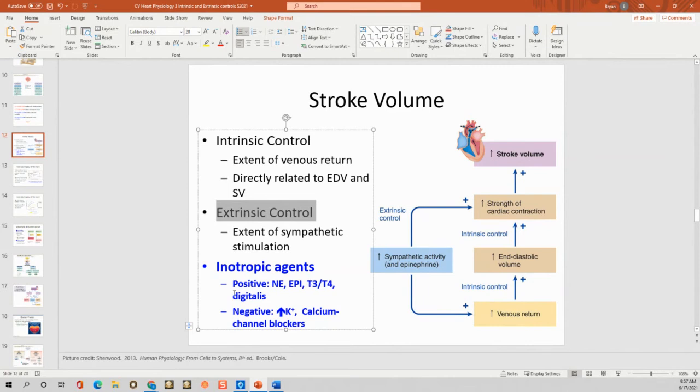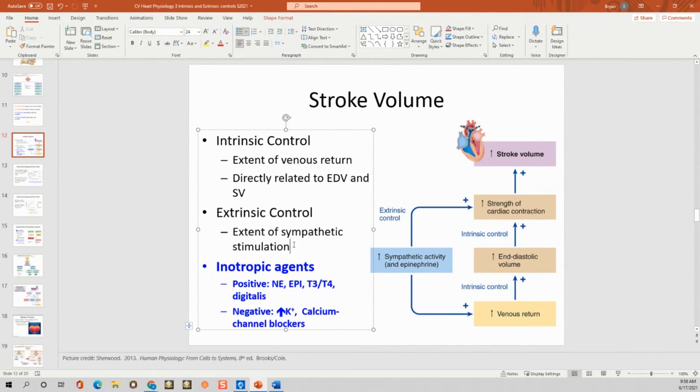The extrinsic control of stroke volume is all about the sympathetic nervous system. The CVCC is going to have a massive control on the extrinsic controls for stroke volume. What do you notice? Does it say parasympathetic? Why not?